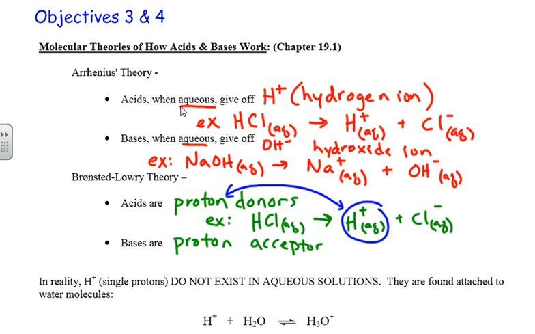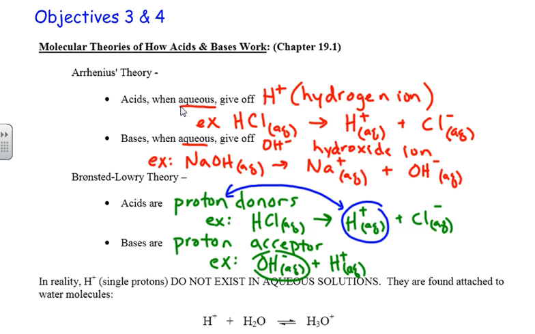So if we think about it this way, and I'm going to show this a little differently, a hydroxide ion, OH-, when it's aqueous, will get combined with that proton, that hydrogen ion. Right? So the hydroxide is the proton acceptor.